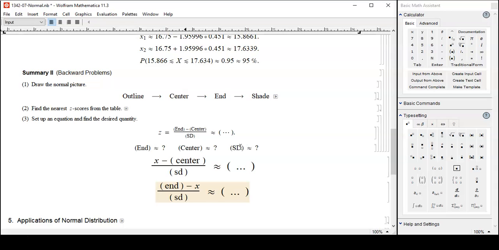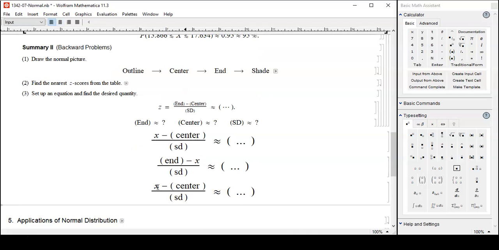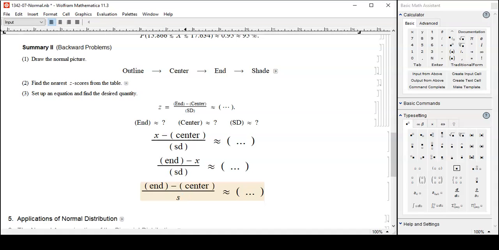Another situation is when you have to find out the standard deviation, the denominator. Again, no sweat. This is known. This value is given. That value is given there. And standard deviation, you don't know this one. And here, we end up with an equation of one unknown variable, but it's in the denominator.